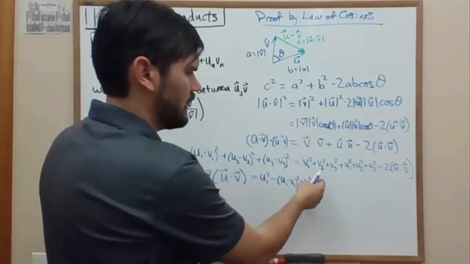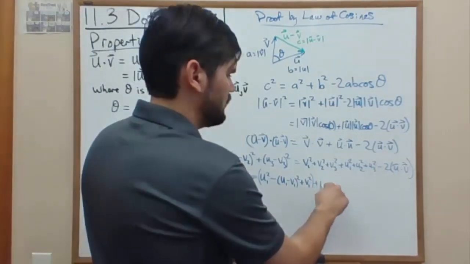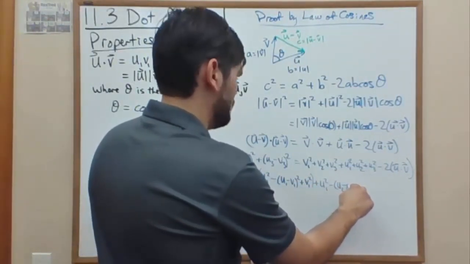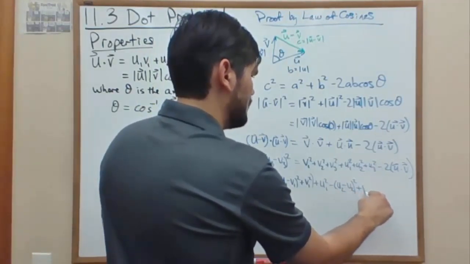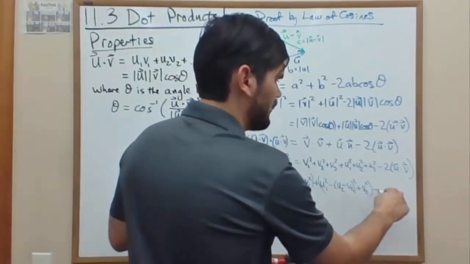Then we have a similar grouping: u2 squared minus u2 minus v2 squared plus v2 squared. And then the third set is very similar.